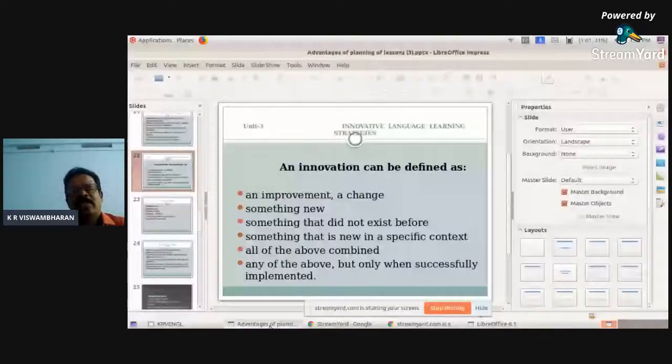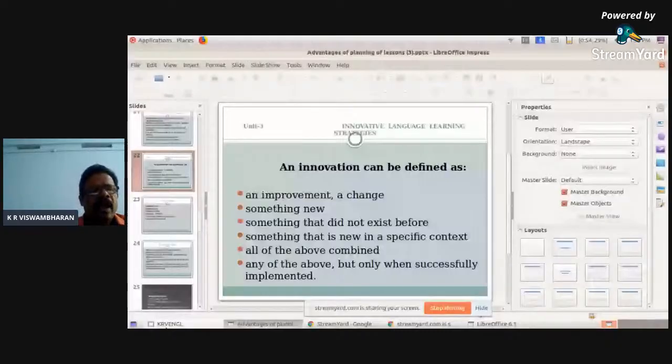And we can say it is new in a specific newer context, and all the above can be combined as an innovation. Or any of the above may be considered an innovation, but only when successfully implemented. Innovation has importance in its practice.